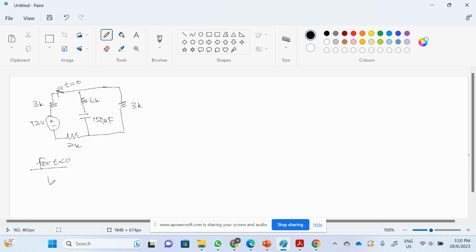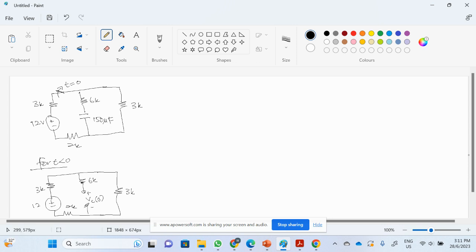So what happened to the capacitor in steady state? Open circuit, right. So our circuit will change, here is open, and this is VC at time 0. The rest of the circuit is still the same. So we want to find this VC0.